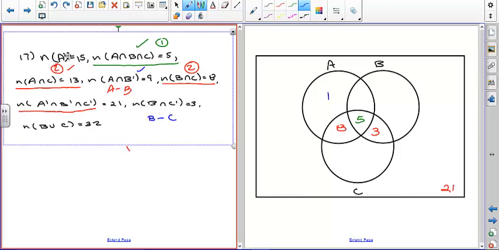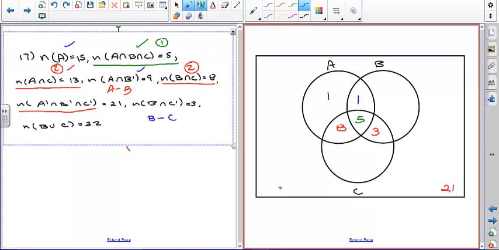The number of elements in A is 15. So now we go back. Once we did this one, we got one more additional piece of information. So this plus this plus this plus that, that's everything in A, has to add up to 15. So how much do I already have? I've got 1, 9, 14. So that means that has to be 1. 1 plus 8 is 9, plus 5 is 14, plus 1 is 15.